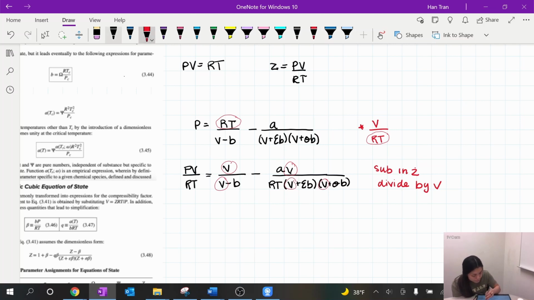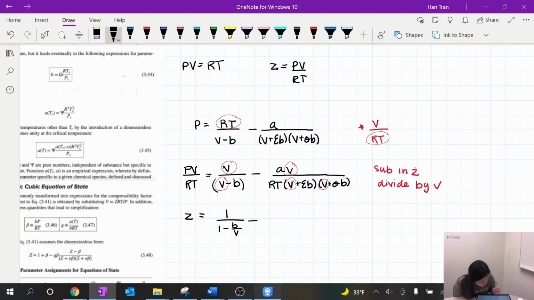So in order to do that, I'm going to first sub in Z, so I get Z. And then this is going to be divided by the specific volume, which is going to leave me with 1. This term right here, this quantity, will also be divided by the specific volume, so I'm going to be left with 1 minus B over the specific volume.